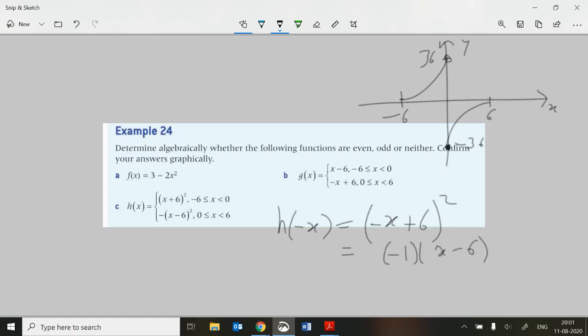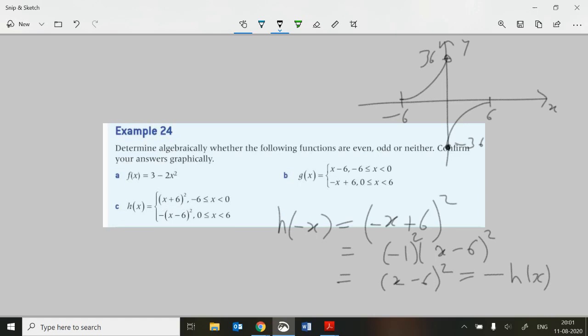I was just struggling a little on that one. So I've taken that factor out, and if we square both parts there, we'll see that this is the same as x minus 6 all squared. Now that's equal to h of x for that second part if we put a minus in front of it.